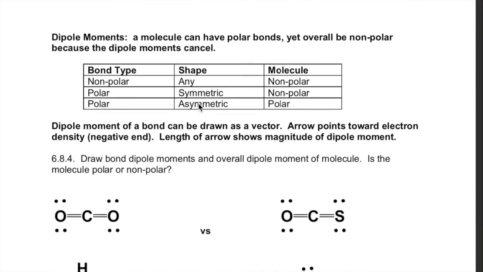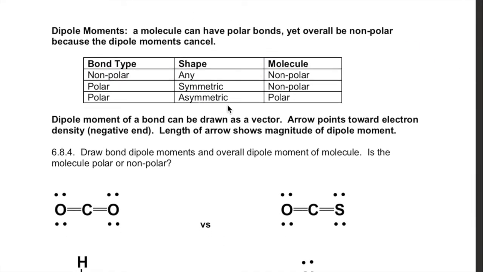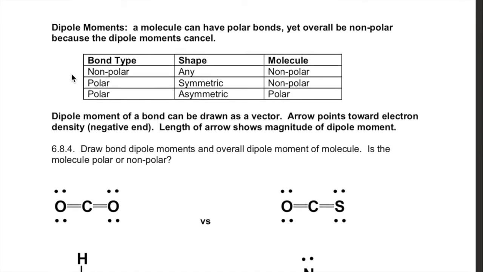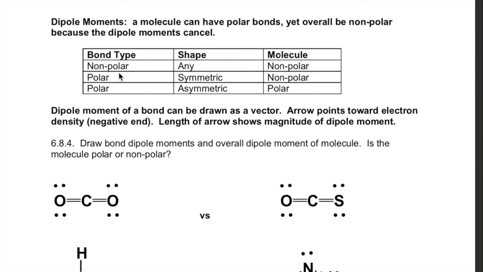So let's talk about the overall polarity of a molecule. We've talked about bonds between one element and another being polar or nonpolar. So covalent bonds we're talking about here, not ionic. It is possible for a structure to have polar bonds but overall be a nonpolar molecule.